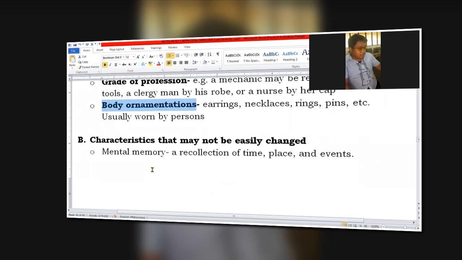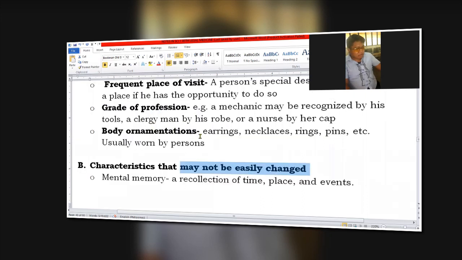Then another point of characteristics that we can use to identify a living person is those that may not be easily changed. Unlike clothing, body ornamentations can be changed. The robe and the tools can be removed.